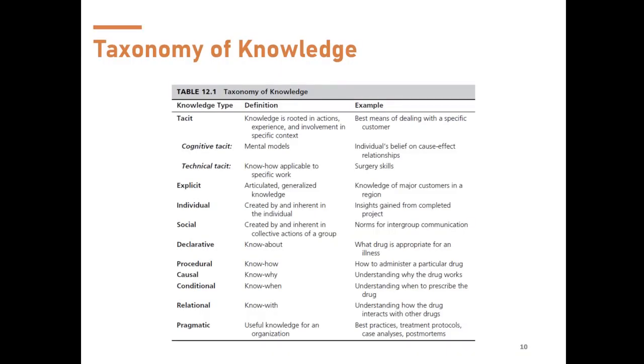A work published in 2001 by Alavi and Leidner was really important in the field of knowledge management, mainly because they offered a taxonomy that went beyond the traditional binary classification of knowledge as either explicit or tacit.